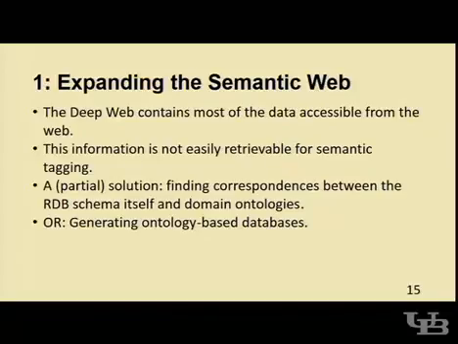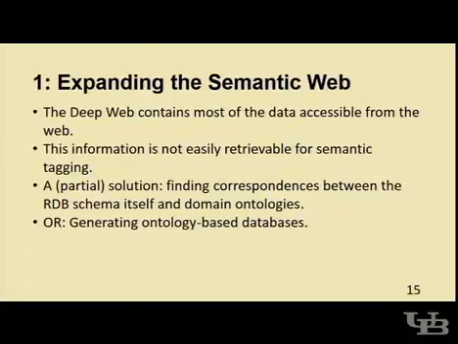The point is that almost 5,000 times more data is contained in the deep web than in the surface web. Another problem is that you cannot access this data for semantic annotation in the way you can access data in the surface web. So it's hard to extend the semantic web to the data in the deep web, which is data usually contained in relational databases. And this is a problem.